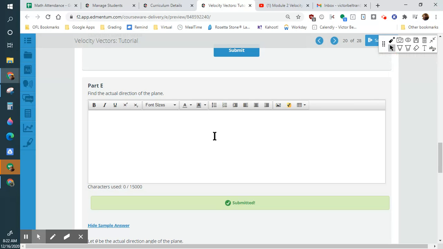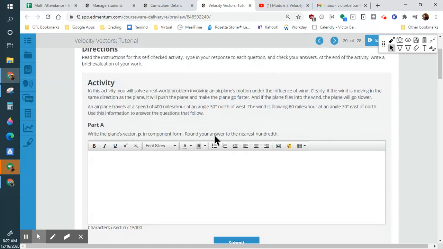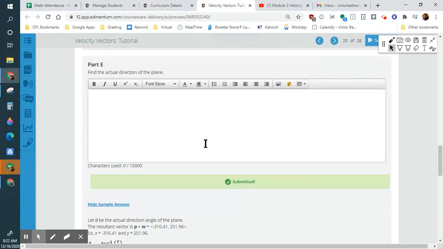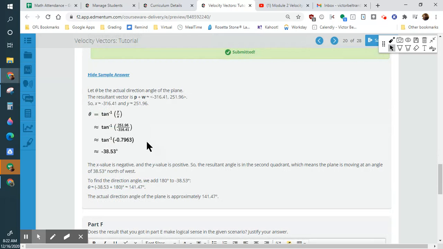It's just weird how it's set up, but you do have to use your own thoughts when you're doing this. So when we do the work, we do get this angle here, but that angle is from west. So we're going to take that angle and add it to the 180, and that'll give us something that falls within that 90 to 180 range.